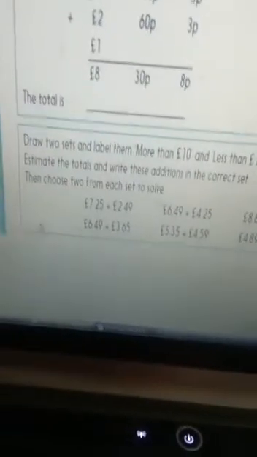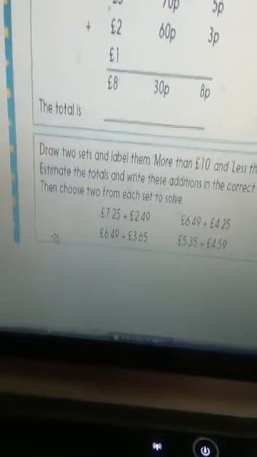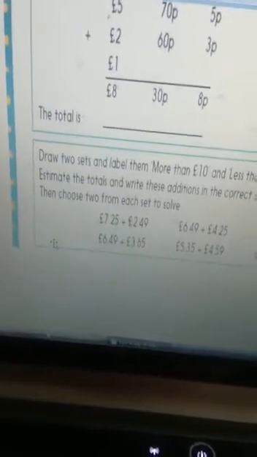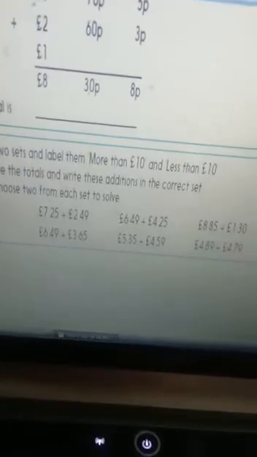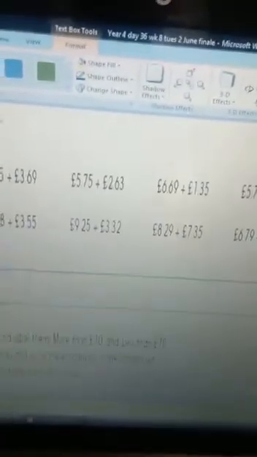So look carefully at each sum, see if you can do some rounding up or rounding down, and see which ones will fit into which column, less than £10 or more than £10. And then we've got the hot sheet for adding money.